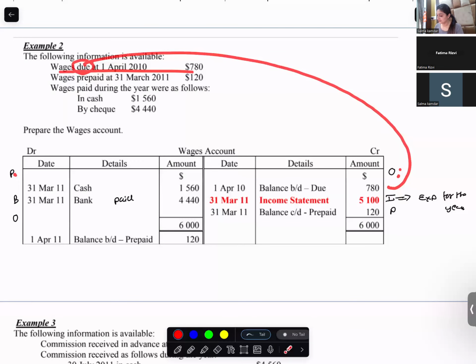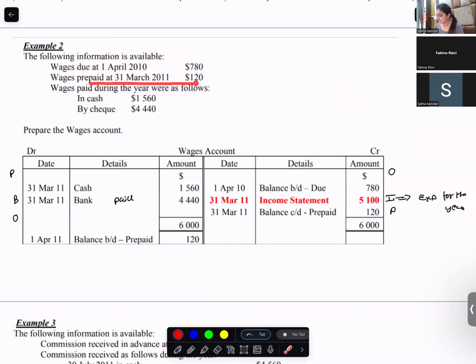Then this is what? Prepaid expense. On which date? On March 31st, which is the last date.